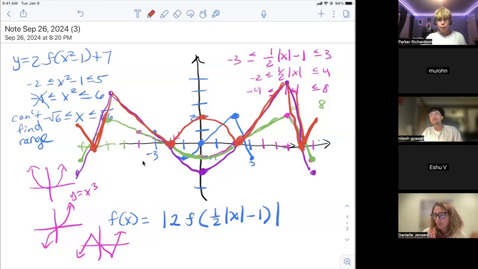Do you always do absolute value last whenever you're in the domain? No, it all depends on how it's positioned. Say the inside had been x plus 2, you would do the absolute value first and then shift left 2.